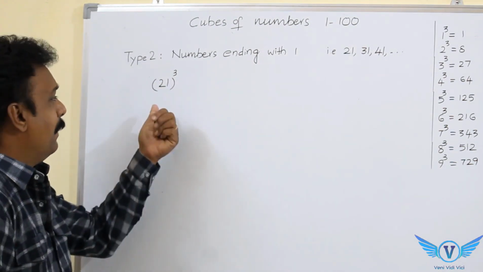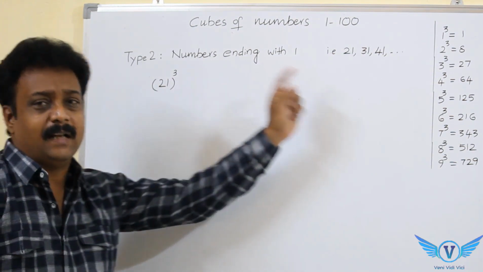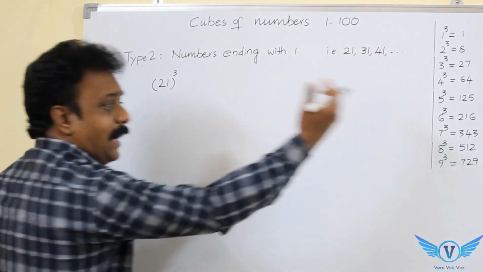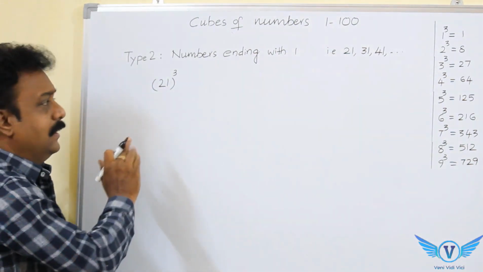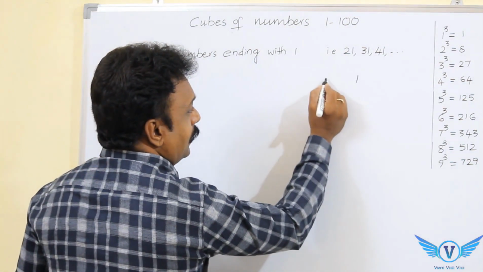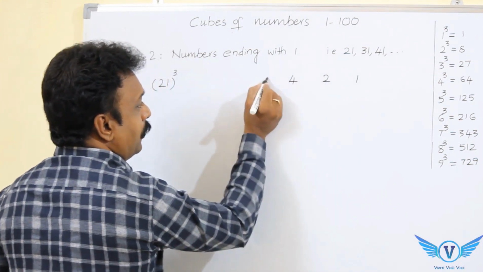In the previous type, we wrote numbers from left hand side to right hand side. This time, we will write the numbers from right hand side to left hand side. That is 21. We will write 1 here, 2 here, square of 2, 4, cube of 2, 8.